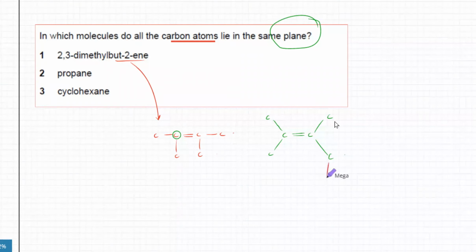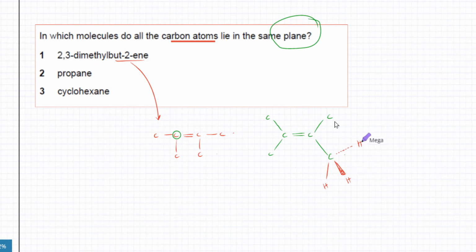Beyond that, carbon would be making 4 bonds. So it would be tetrahedral, which means the tetrahedral shape is like this. Beyond that, it's not going to be planar. This H is coming out of the page, coming towards you.